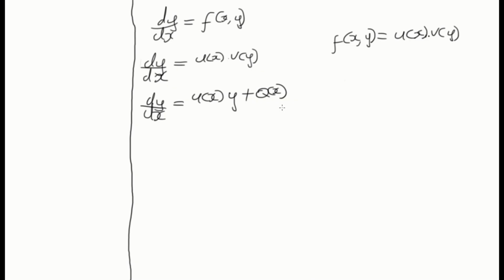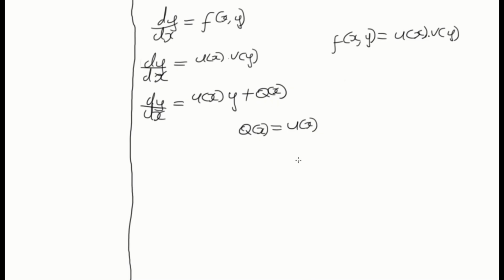So a couple of things can happen here. The first case could be, for instance, if q of x is equal to 0, then this differential equation goes back to the form of separation of variables, which we can solve using the separation of variables method. The second thing that can happen is that q of x is equal to u of x.